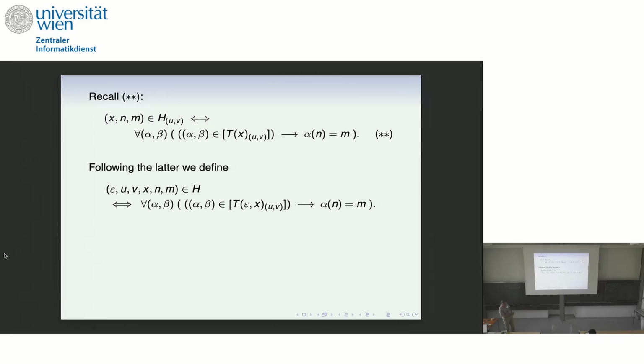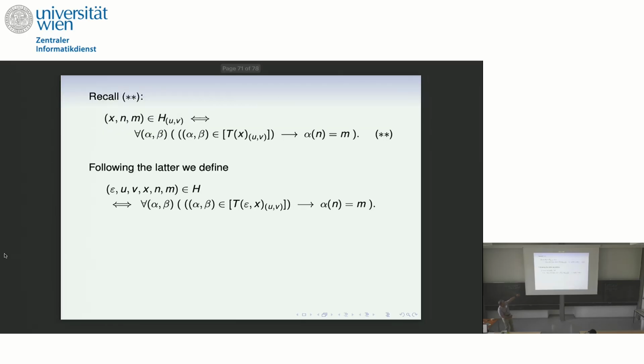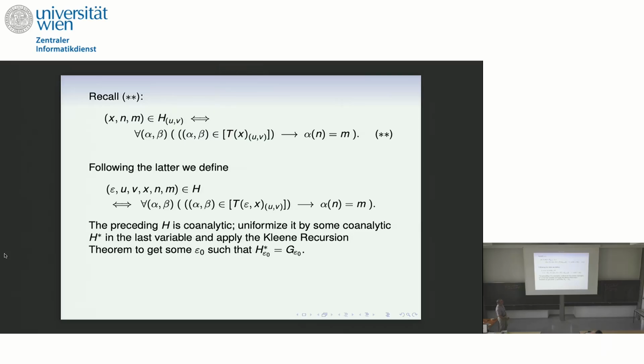The epsilon is from the tree representation, because now Q has epsilon as an argument. I have this Pi 1, 1 condition there. I uniformize it in the last variable, try the uniformization, and I apply the clean recursion theorem to get some epsilon 0 such that this holds.